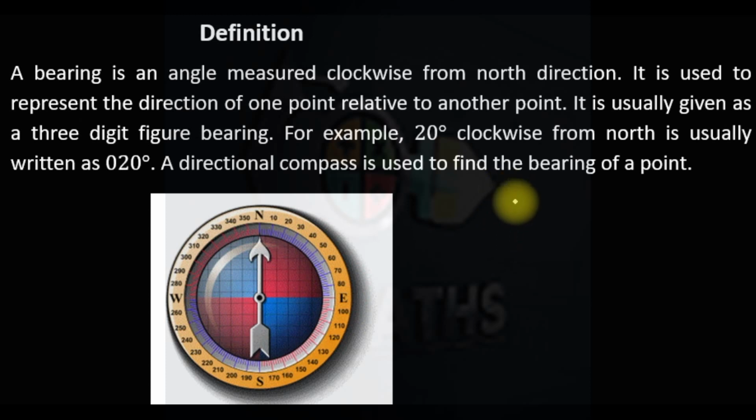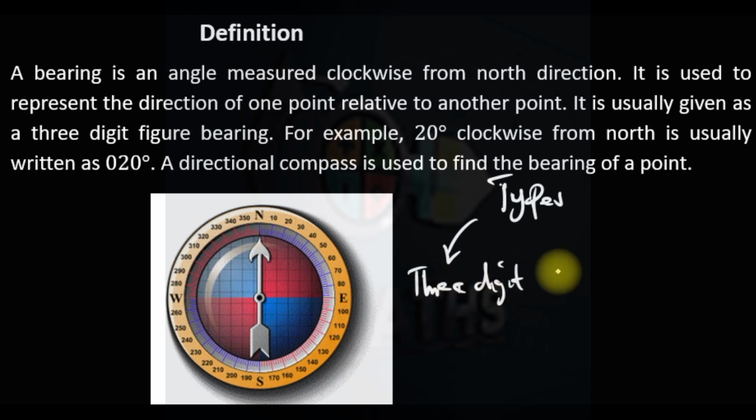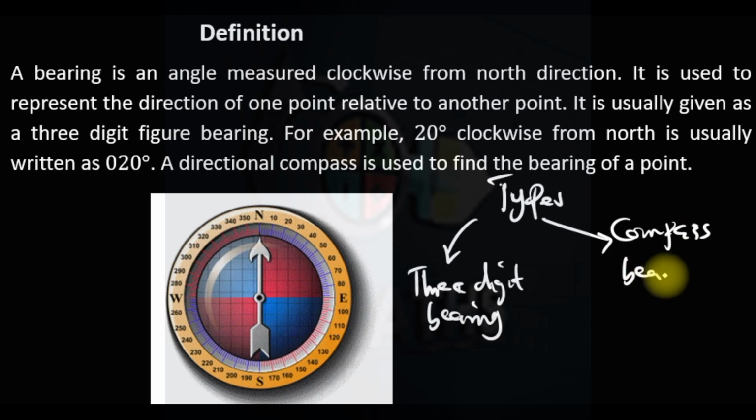So I'm talking about types now. We have three-digit bearing, and we'll have compass bearing. The easiest way to know which one is three-digit bearing and compass bearing: in 3 digits, the bearing is always represented with a 3-digit number.